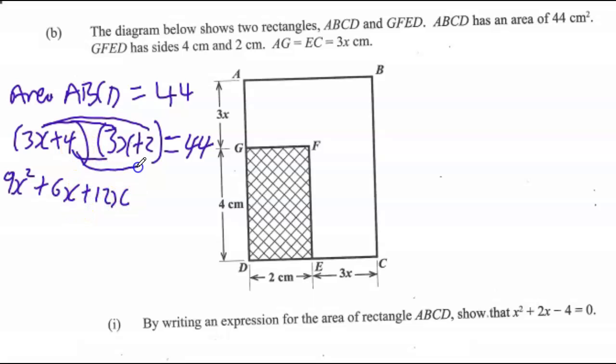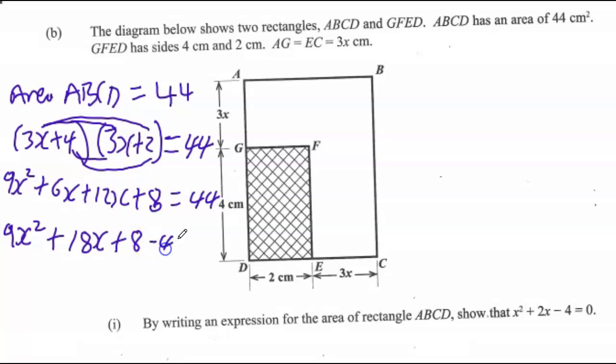And 4 times 2, that's 8, equal to 44. Alright, let's group like terms. So we have 9x squared. If we group the 6x and the 12x, we get 18x. And then this 44 here, we can group the constants with minus 44 equal to 0.